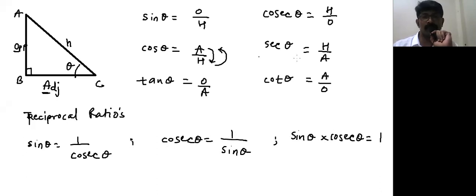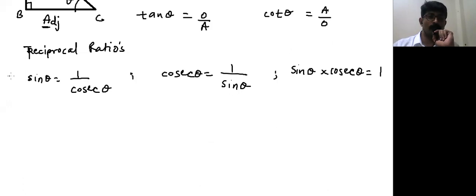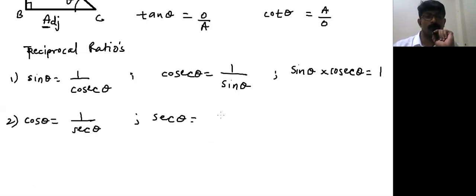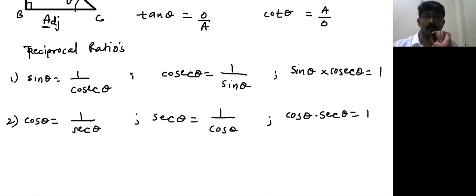The same thing we can write for cos and tan. Let's write quickly. I hope you are writing along with me. Cos theta is 1 by sec theta. Sec theta is 1 by cos theta. And cos theta into sec theta becomes 1.